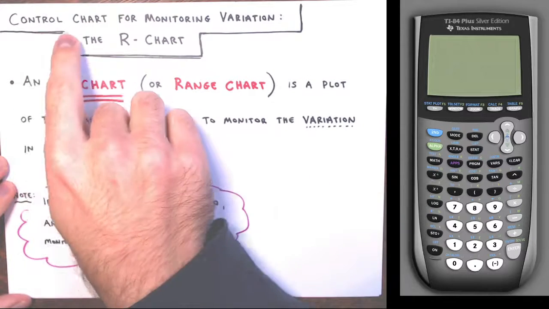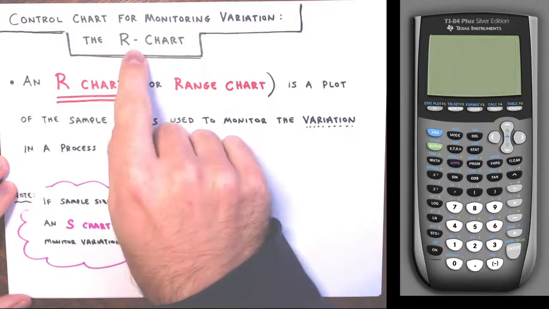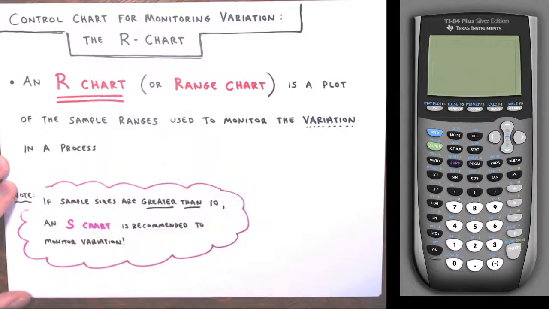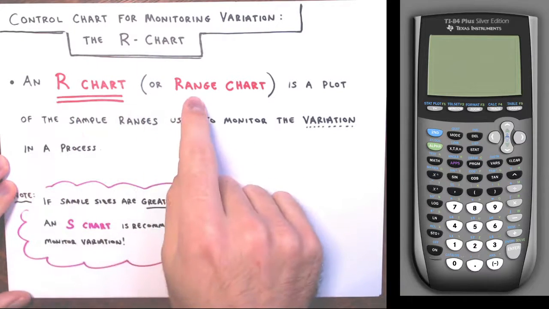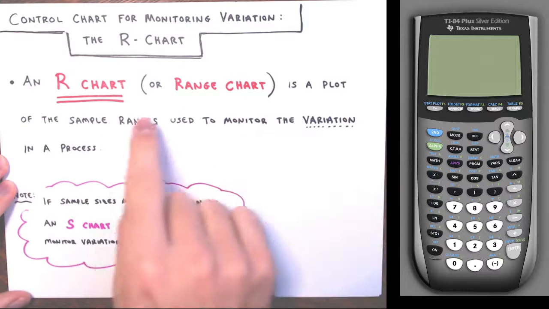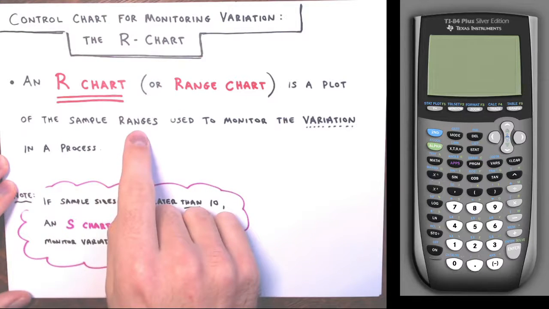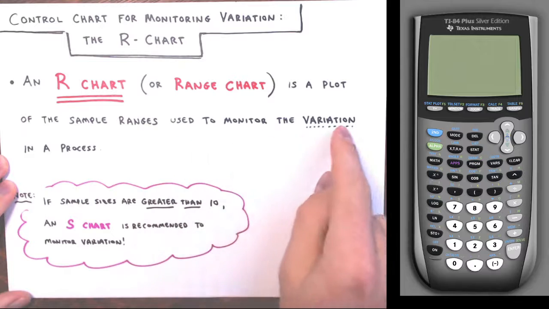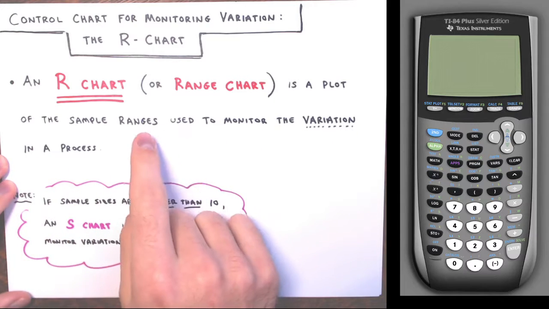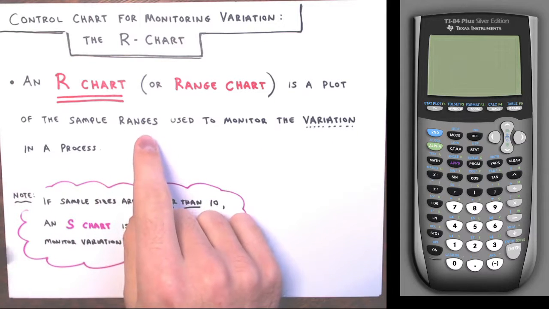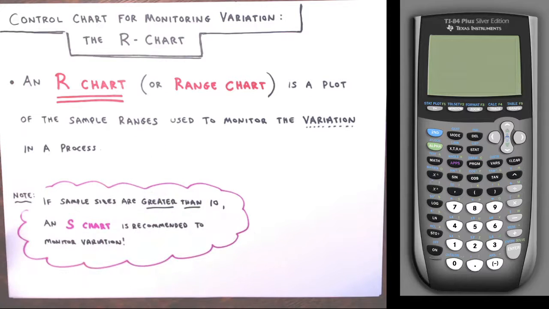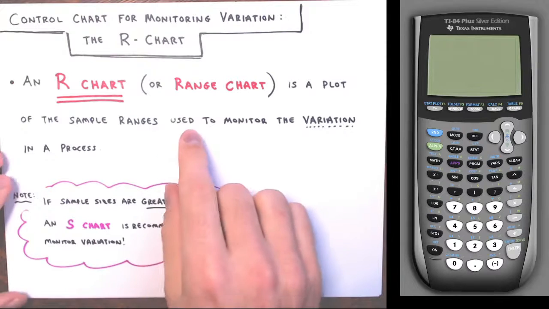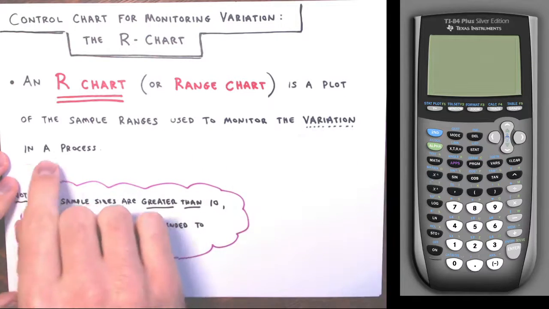An R chart, or range chart, is a plot of the sample ranges used to monitor the variation in a process. Again, a plot of the sample ranges over time. So what's sample 1's range, sample 2, sample 3, as time goes by.